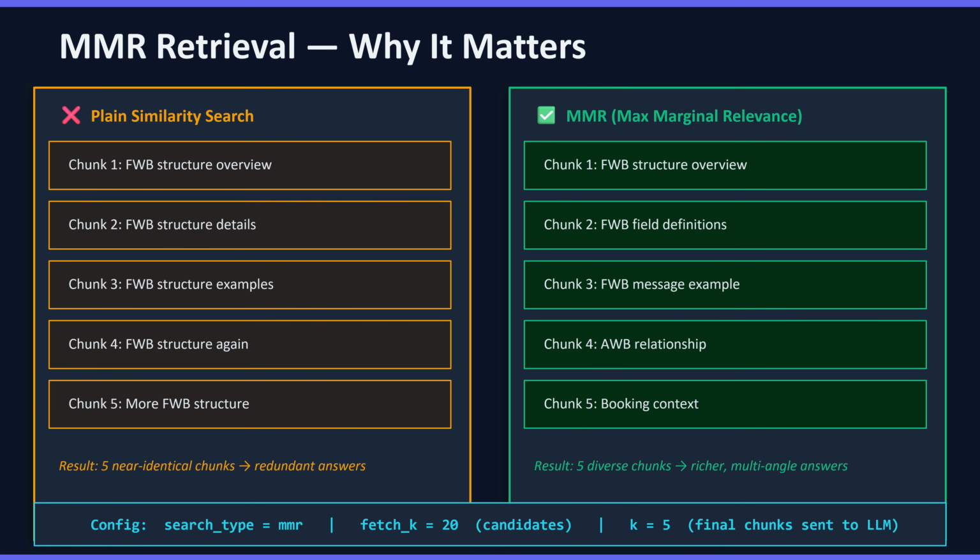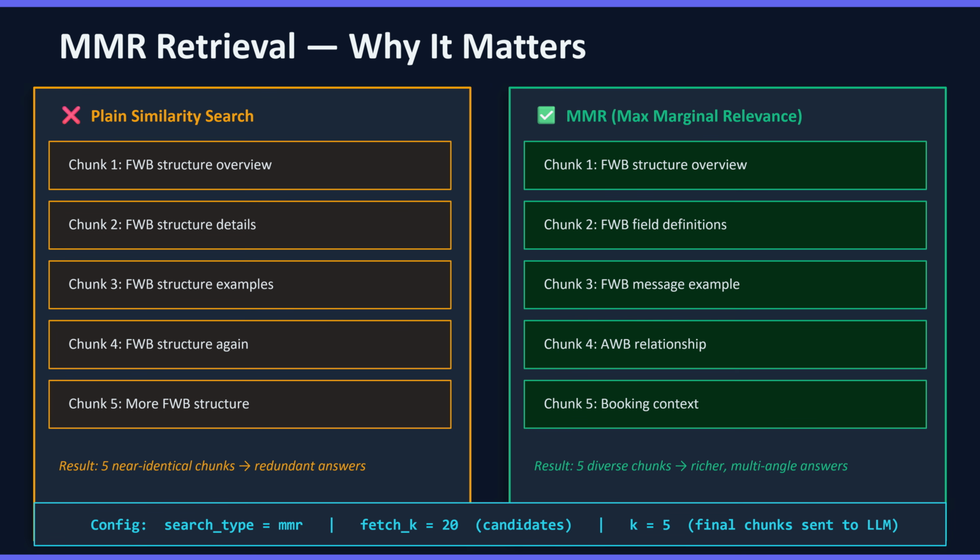The LLM receives five near identical chunks and produces a narrow, repetitive answer. Now look at MMR. MMR maximizes marginal relevance. It fetches 20 candidate chunks, but selects the top five that are both relevant and diverse from each other.